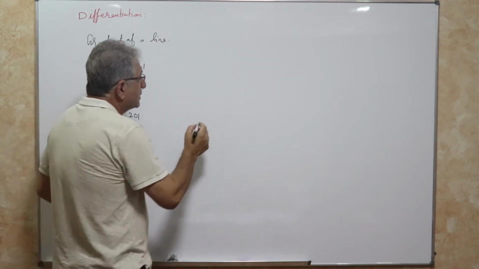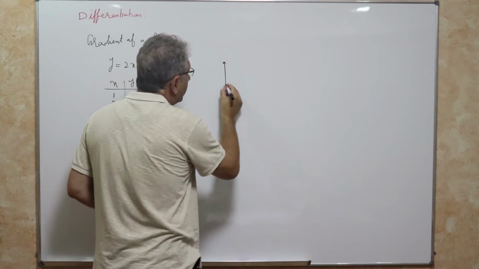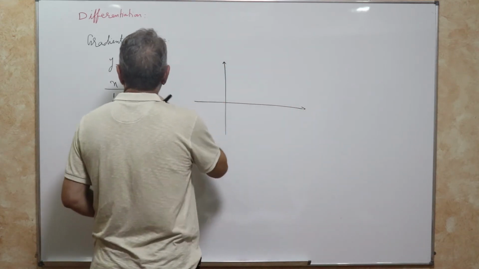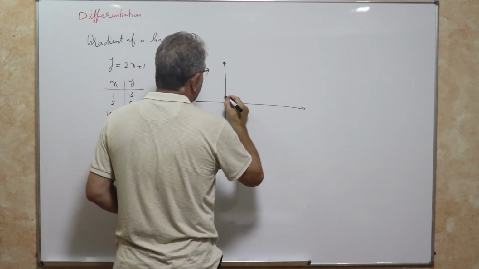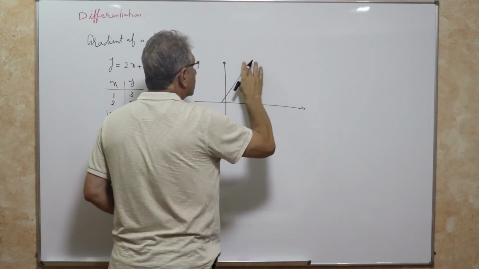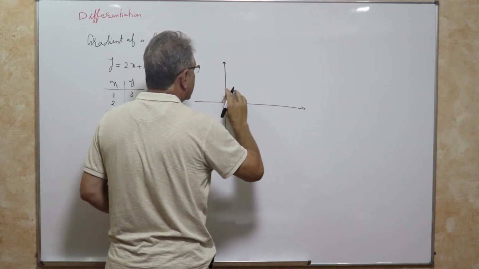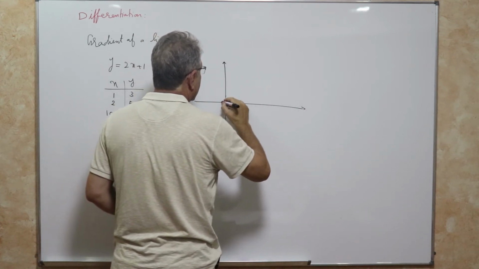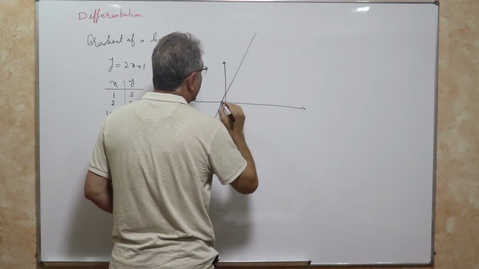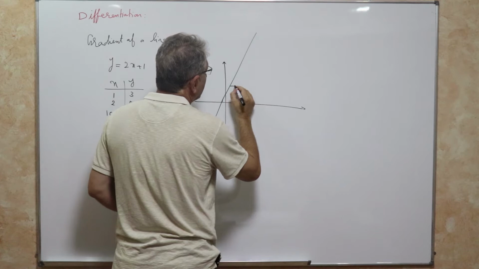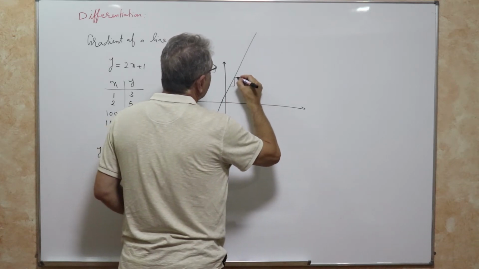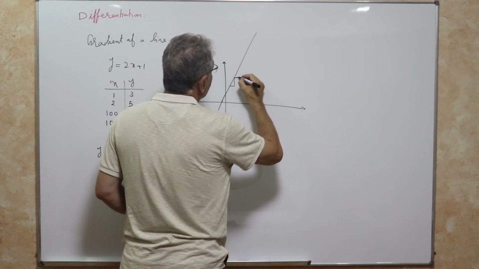On the graph, if you sketch it, you get something like this. Whenever you go 1 unit ahead, y goes 2 units ahead.